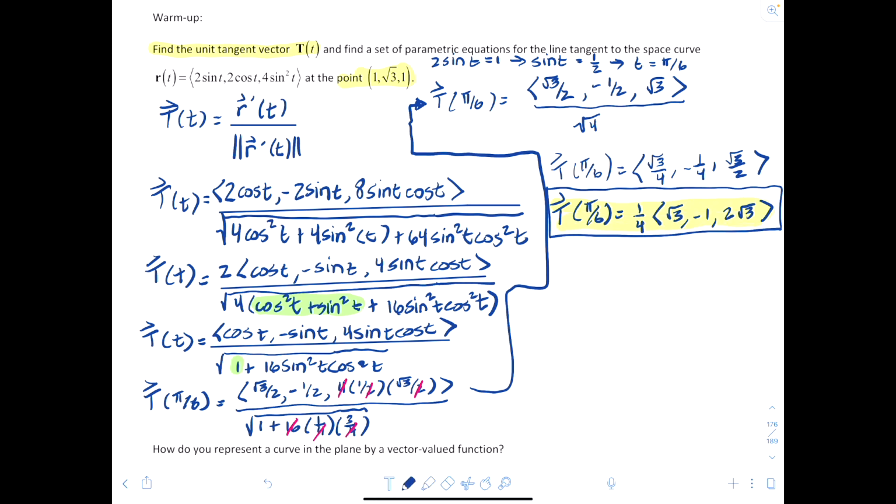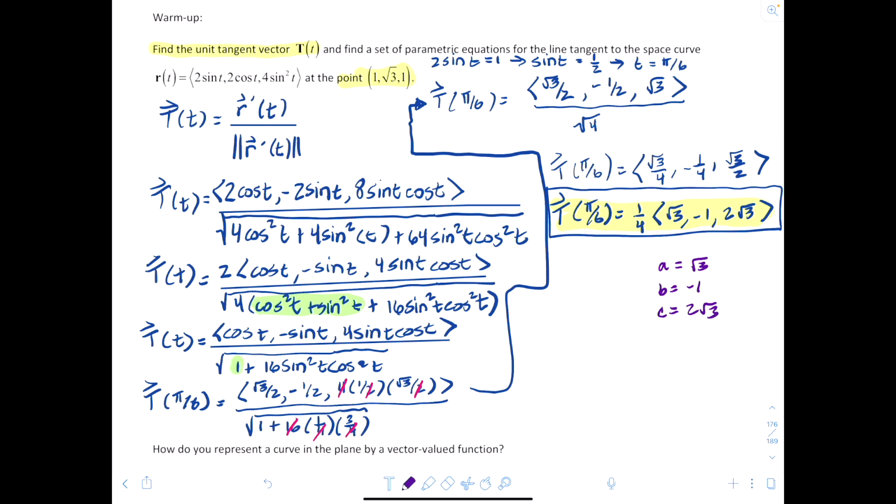And now what's going to happen is we've gotten our direction numbers. So a is root 3, b is negative 1, and c is 2 root 3. Remember that. So now let's just use another parameter s for this.